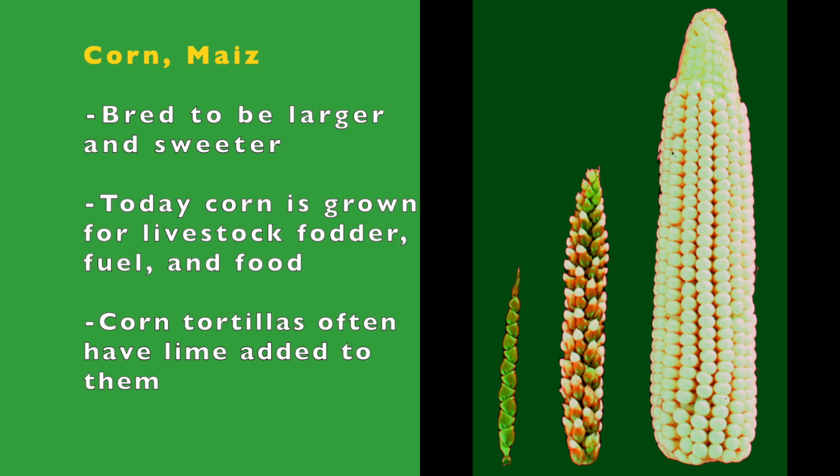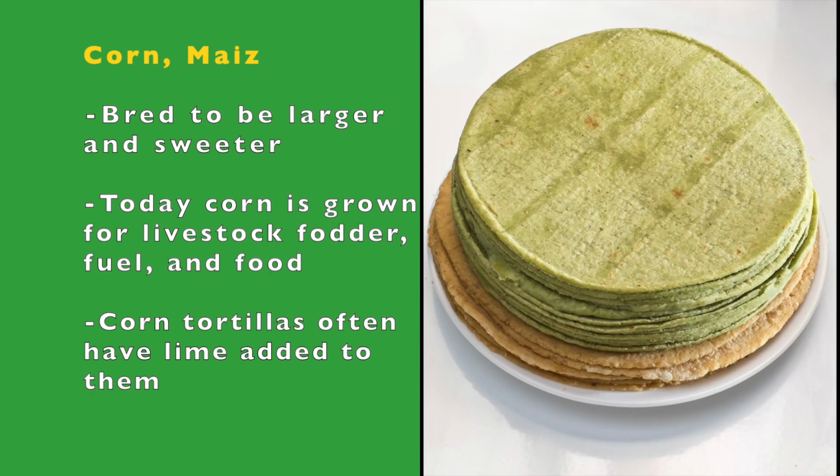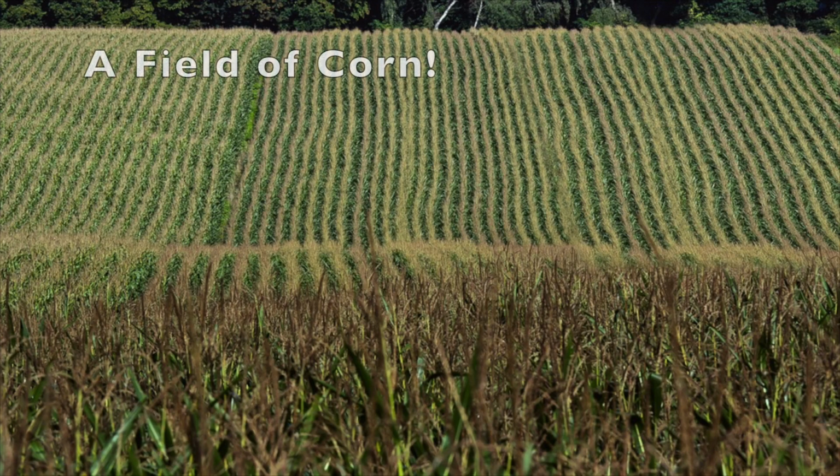Today, corn is grown for livestock fodder, also for fuel, and then of course for food. Corn tortillas often have lime added to them, and the lime acts as a softener to soften the corn, and the lime also helps make the nutrients in the corn more available to us. I love corn tortillas and I eat them almost every day.